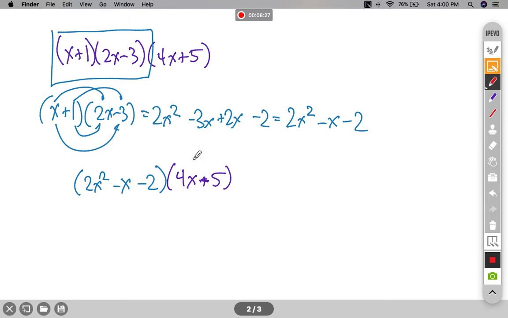I'm going to distribute this one because there's only 2 things to distribute, instead of here I have 3. It doesn't really matter. I'll take 4x times 2x squared, and I'm going to get 8x to the third. 4x times a negative x is a negative 4x squared. 4x times a negative 2 is a negative 8x.